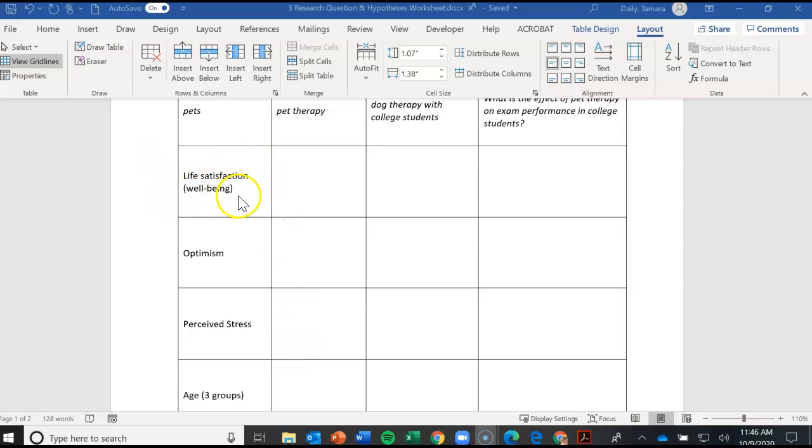So if my primary interest is in understanding life satisfaction, and I'm specifically interested in the well-being aspect of life satisfaction, because well-being is only one component of overall life satisfaction.